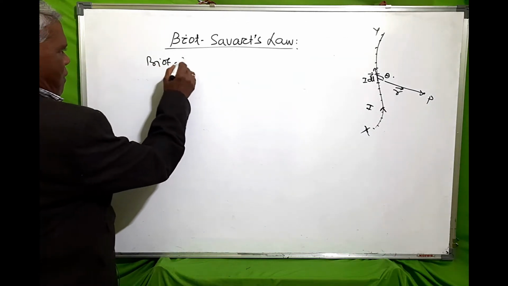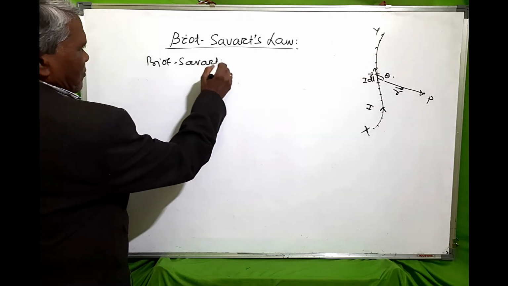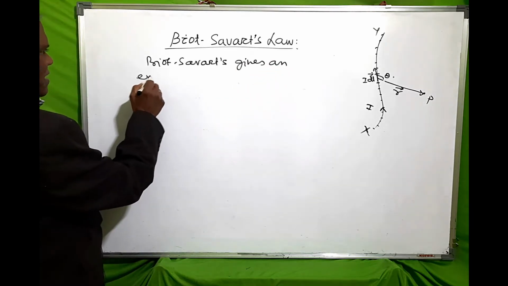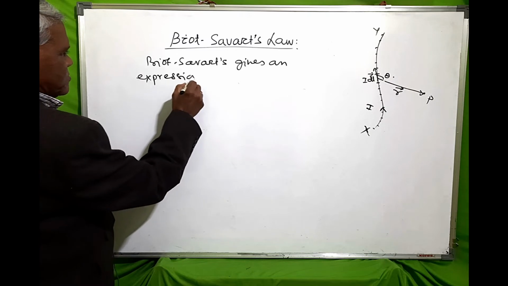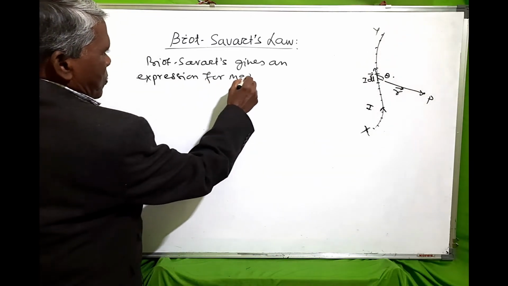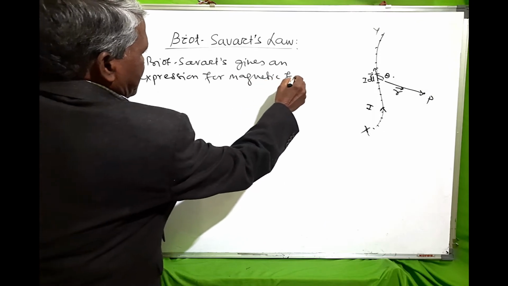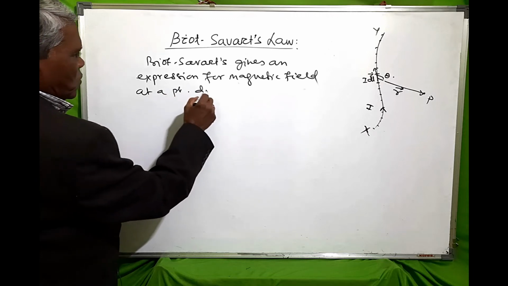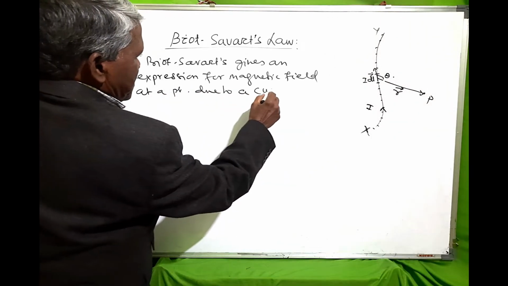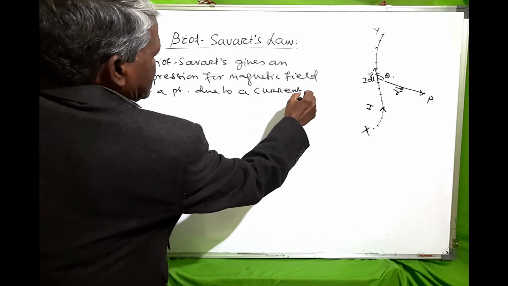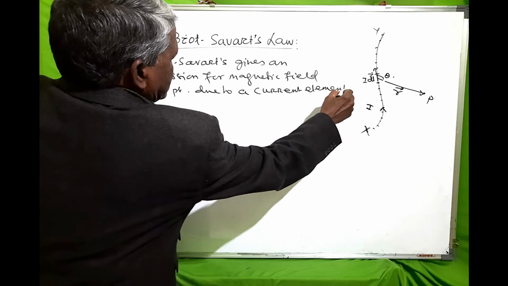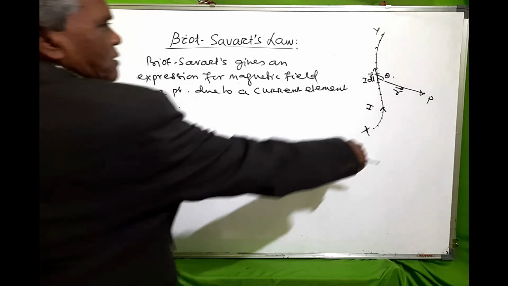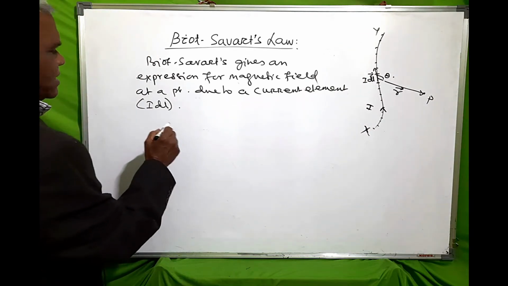Biot-Savart's law gives an expression for magnetic field at a point due to a current element I dl.